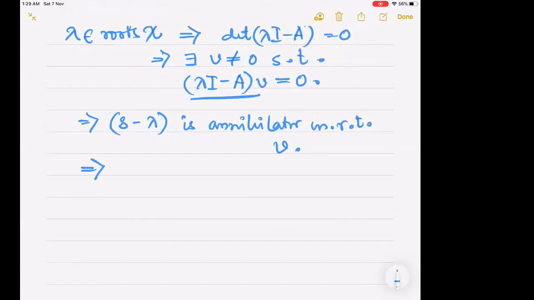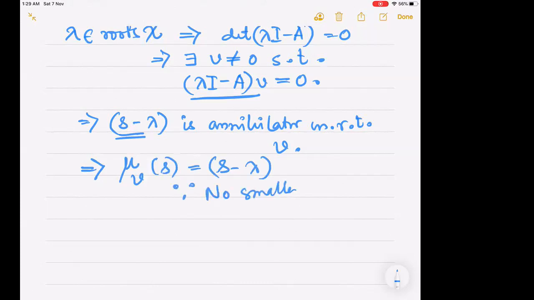This is monic also, which means mu_v(s) must be equal to s minus lambda, since no smaller degree polynomial can annihilate v.